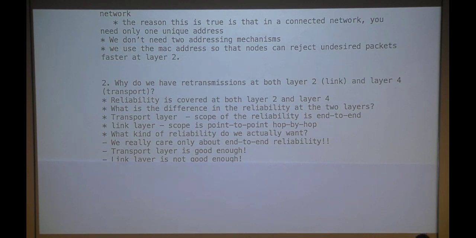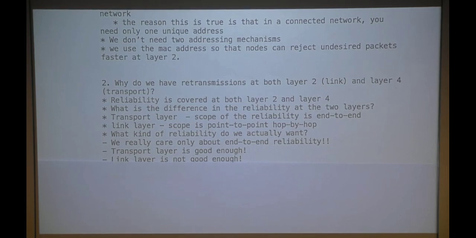Then the question is very intriguing. Why does the current internet stack, the TCP/IP stack, have both link layer and transport layer reliability? This sequence of answers is slightly different from MAC and IP. With MAC and IP, we saw that both were good enough, but one was preferred, IP was preferred, and we used both for engineering efficiency reasons.